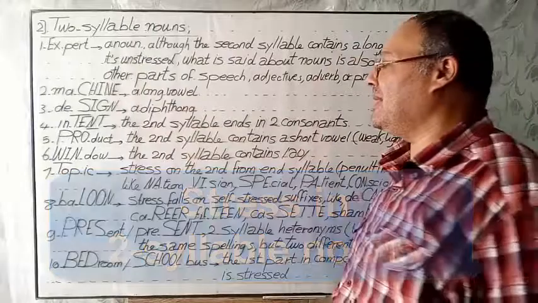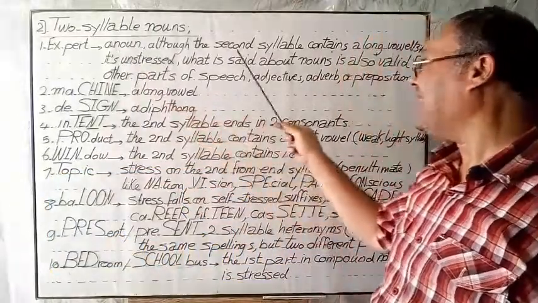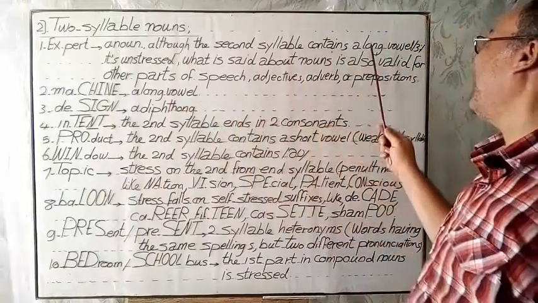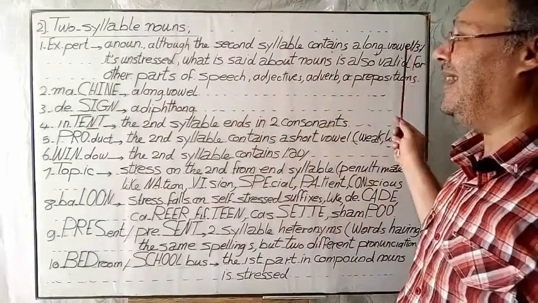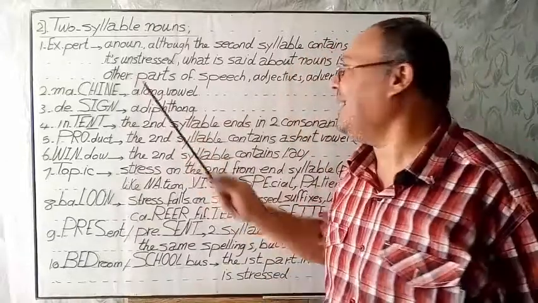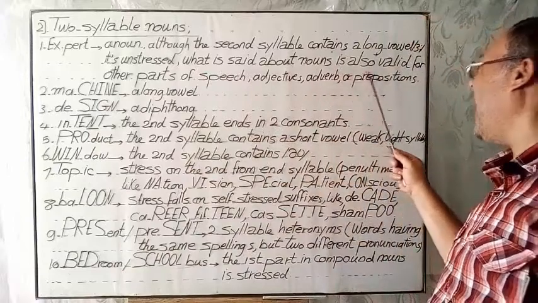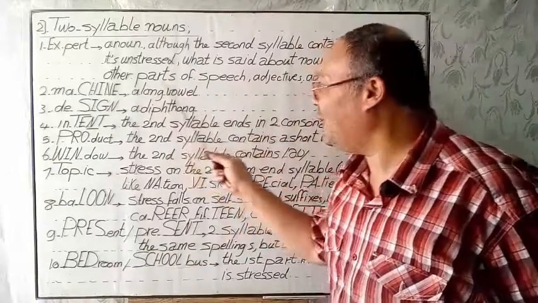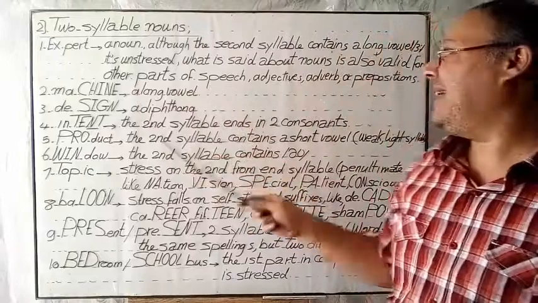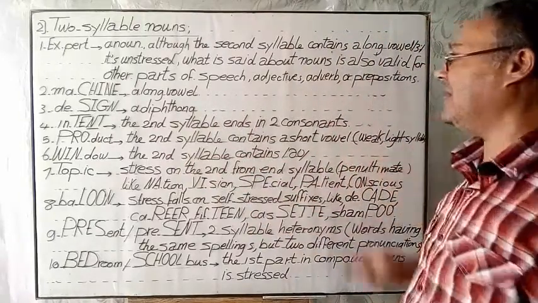Two-syllable nouns. Expert. It's a noun, although the second syllable contains a long vowel, it's an exception because it's a noun. What is said about nouns is also valid for other parts of speech, meaning adjectives, adverbs, or prepositions.